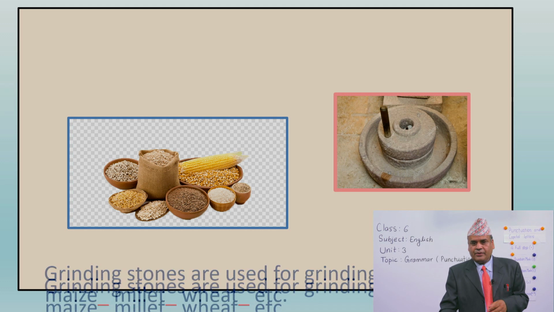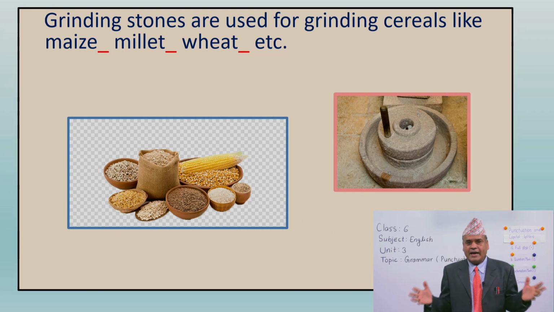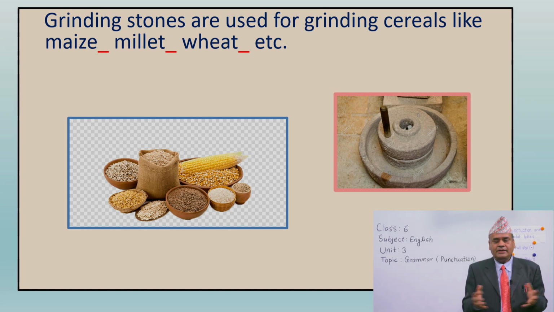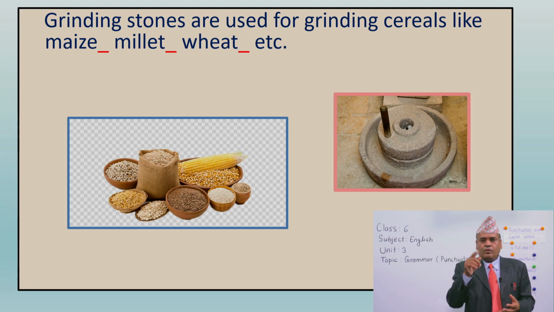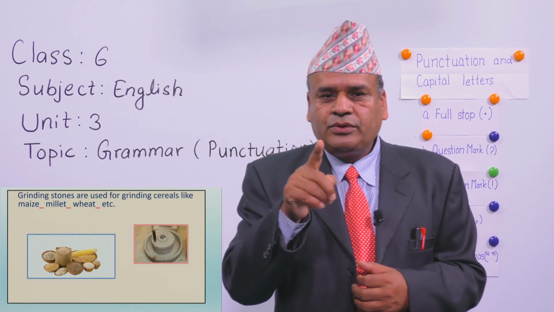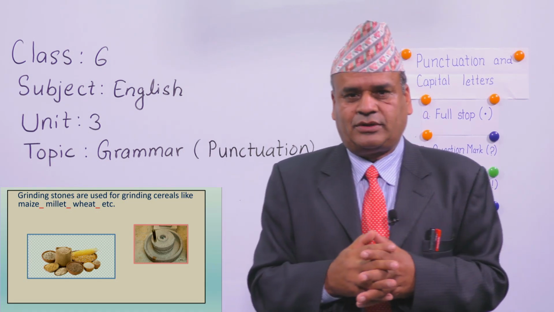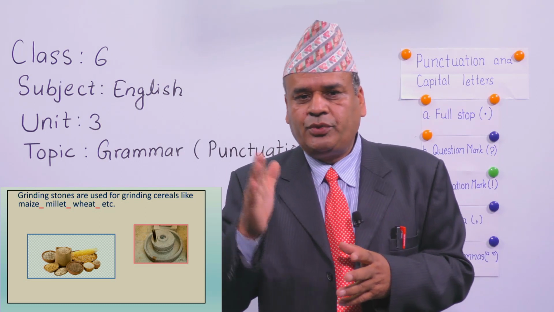Okay? So, you see, grinding stones are used for grinding cereals like maize, millet, wheat. You can see these are the cereals. Maize, millet and wheat are the cereals that we use as food in our daily life. And what are you learning now? You are learning to use the proper marks or signs or symbols after each word like maize, millet, wheat.